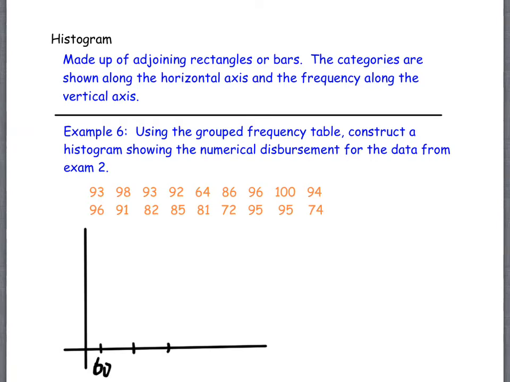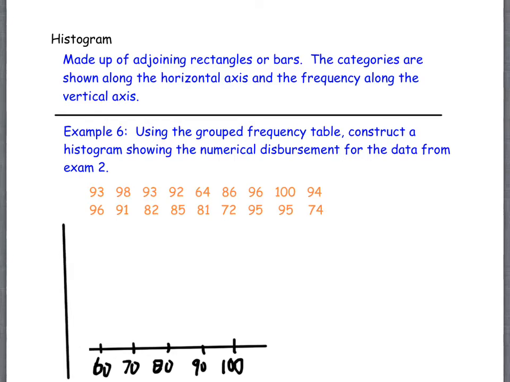There are a few things to be aware of as we start to create a graph. One thing is that your spacing should look pretty even. Second, and I didn't do it, so I'm going to go back and do it now so that you can see this: if you don't start at 0, you need to show a break in the graph.